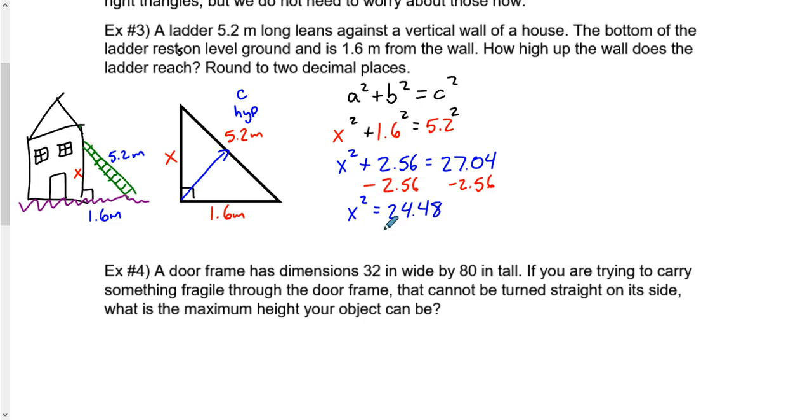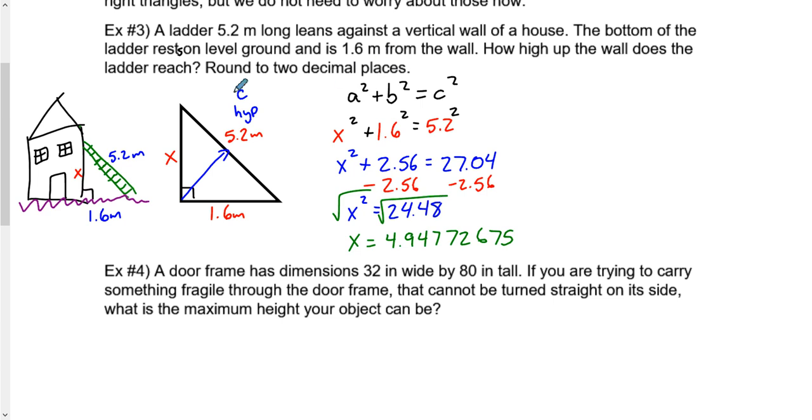To find the side length, we take the square root. We take the square root of 24.48. We get 4.9477267507411193. Again, my calculator goes a little more decimal places.